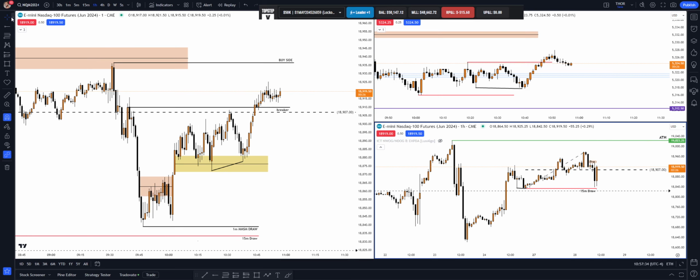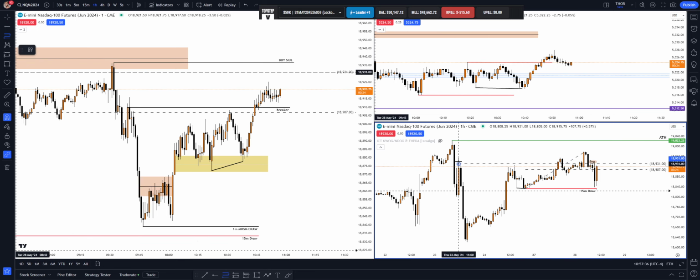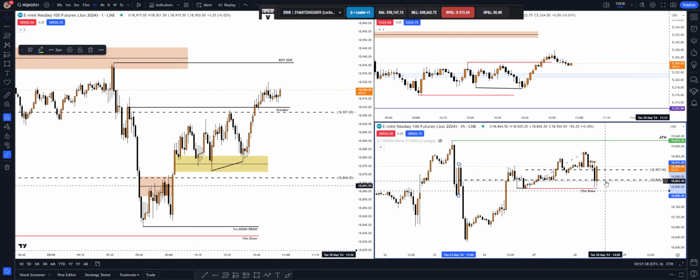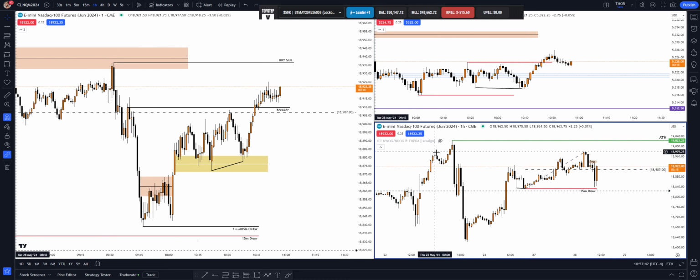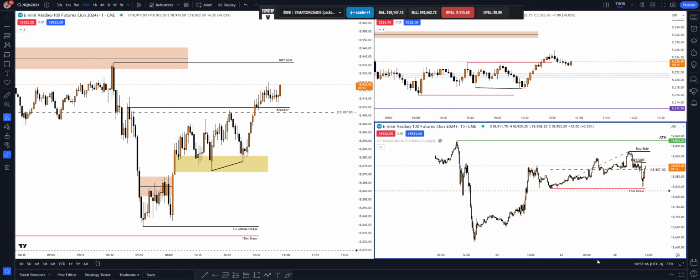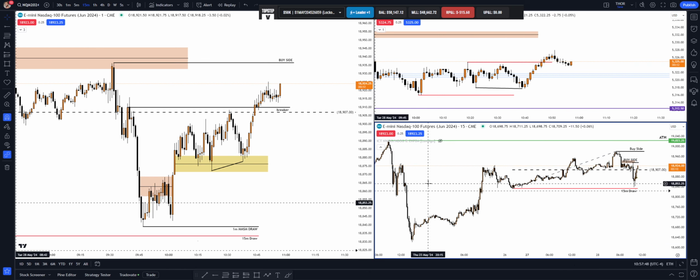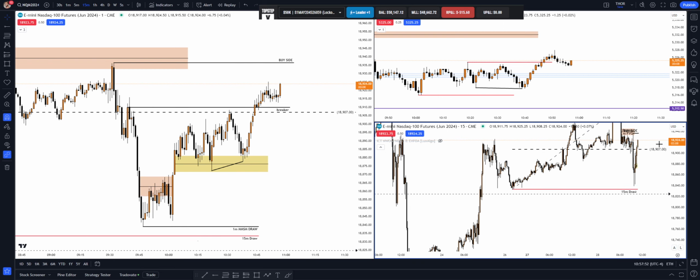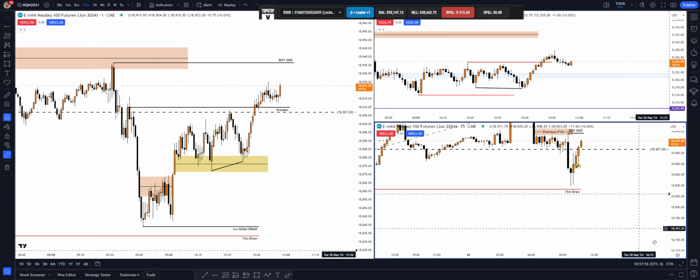Also, the breaker block mean threshold. It seems like, kind of. Anyways, I'll take a look at that after market closes.